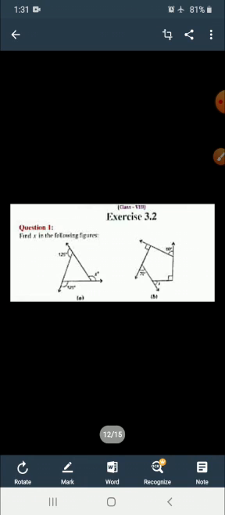Using that, the 3 exterior angles here are 125 degree, 125 degree and x. When you add them up, equate to 360 degree and solve, you will get the x value.